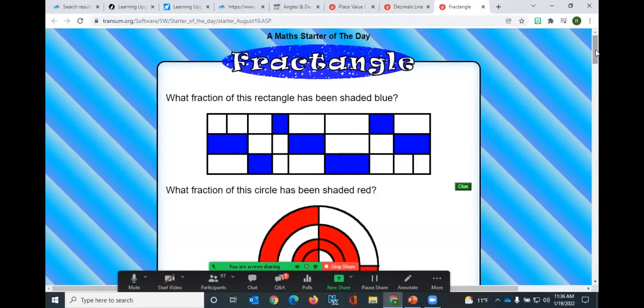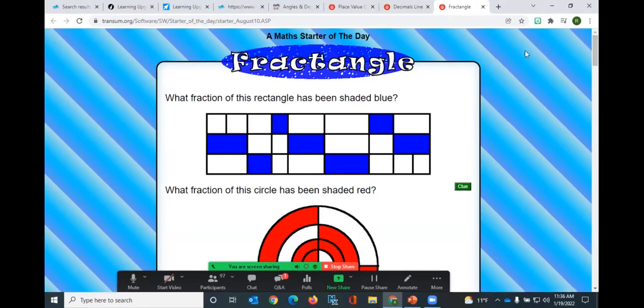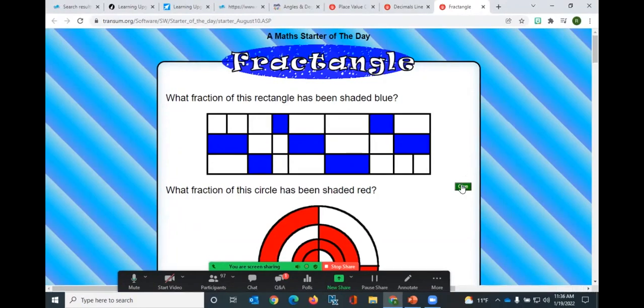This is one of my favorites. Can you see it? Are you able to identify what fraction of this rectangle has been shaded blue? Tracy put in an answer. Who else wants to join me? Okay. Now, what's great about this one is this. Watch what happens when I click this clue button.